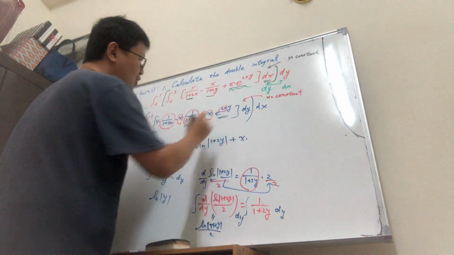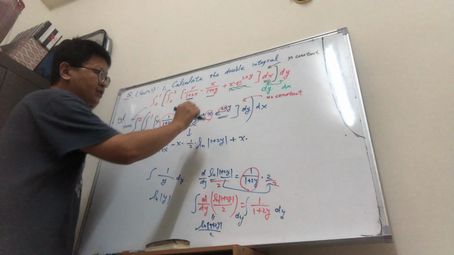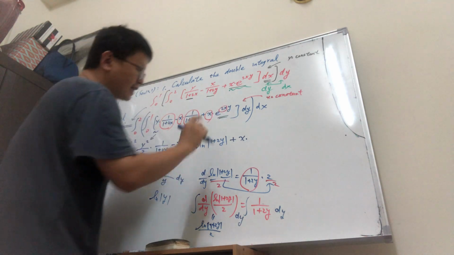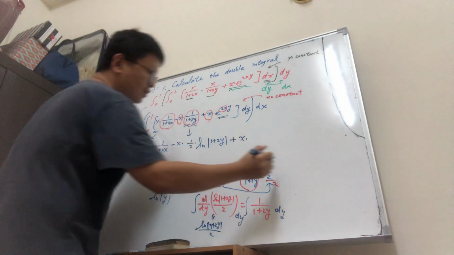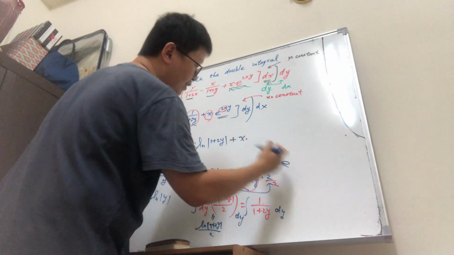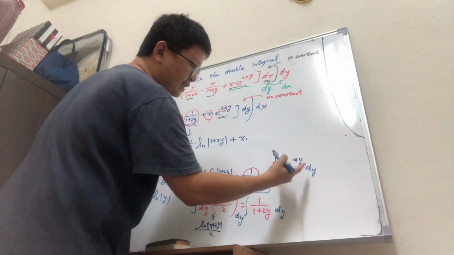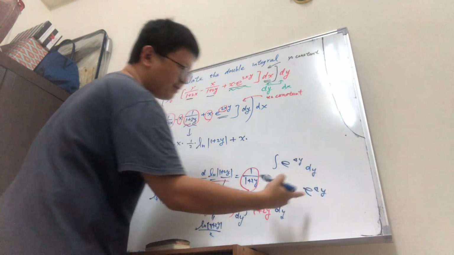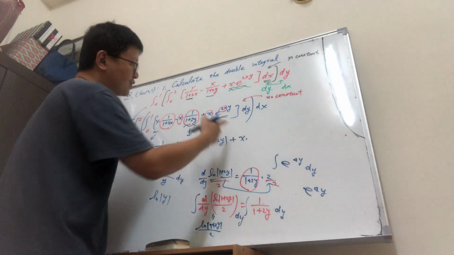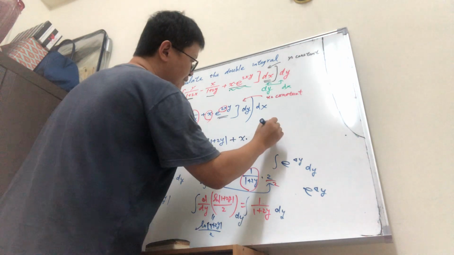And exponential, and the 2x is constant, so just constant times y. For an exponential function of constant times y, for example 4y, what's the integral? The integral must be of the same form, right? So it also must have the same form, exponential 2xy.